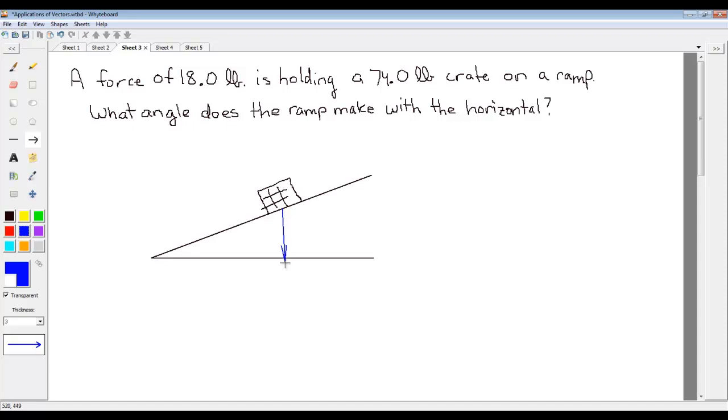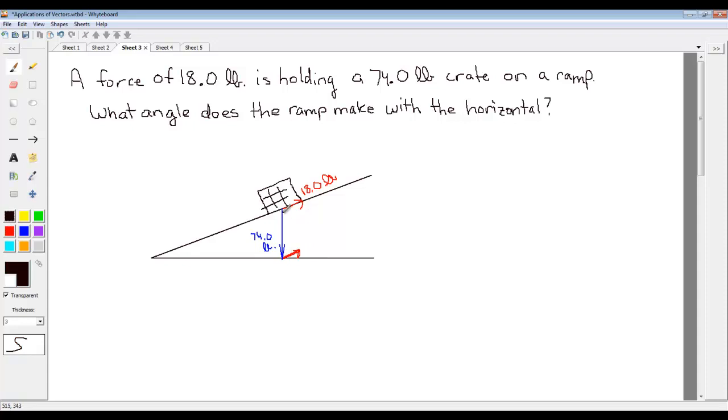So the whole gravity thing was 74.0 pounds. And then we also know that there's a force of 18.0 pounds holding it on there. And we're going to translate that force to here.